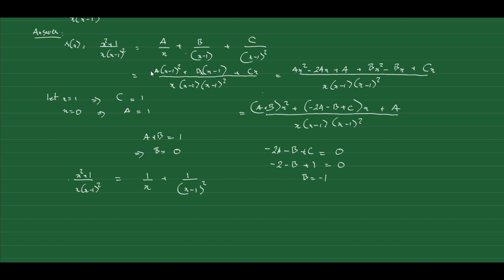B equal negative 1. I don't know, there's some careless mistake. I couldn't find it. When we try to find b, we have two values of b, and I don't know which one is right. I think this one is much better because we match it up.